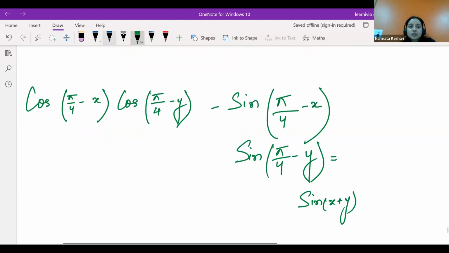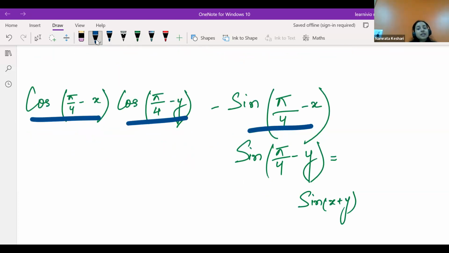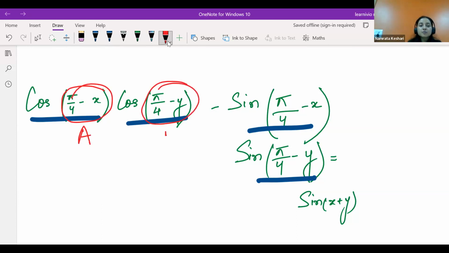This question, if you will expand it, are you able to think how many expansions, how many multiplications will be there? But if you will observe it, let's say this pi by 4 minus x is a, and this pi by 4 minus y is b.